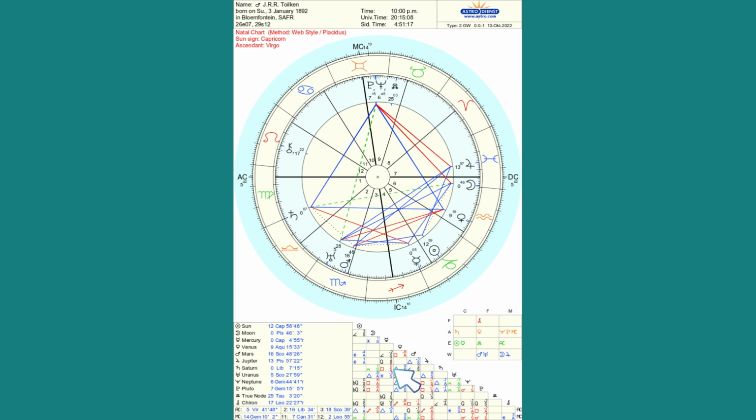Then if you go down below the moon, there's Mercury, and there's an aspect between the moon and Mercury. Now, each aspect is a certain amount of degrees and they mean different things, so we won't get into that right now. But this shows the aspects between the planets and the luminaries.